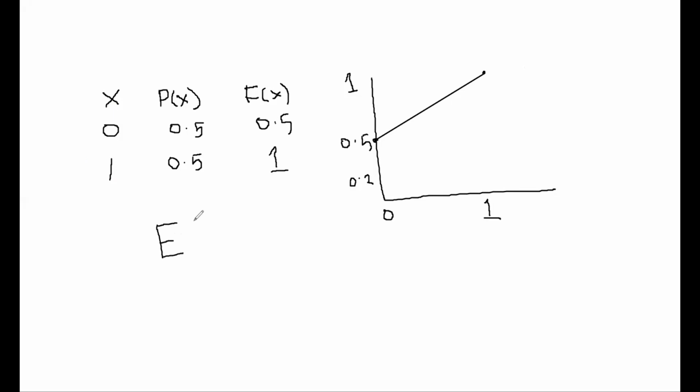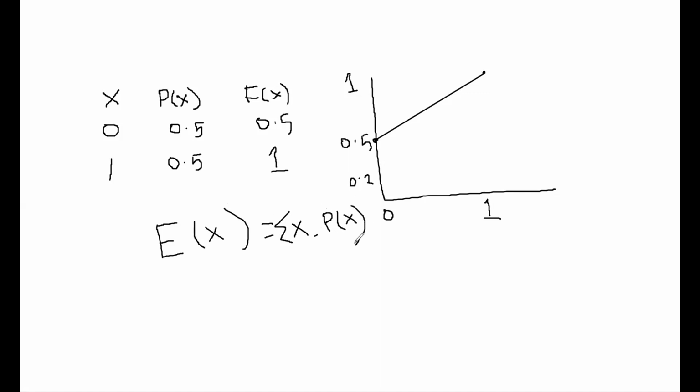So expectation of x was summation of x times probability of x. This was the formula for your mean or expected value.